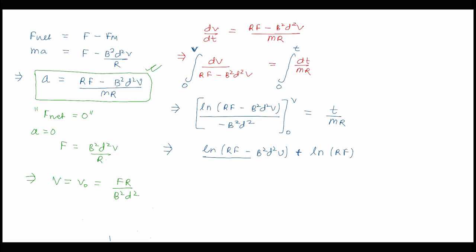Over here we have minus of B squared d squared, and this one is positive B squared d squared, equal to t upon mR.